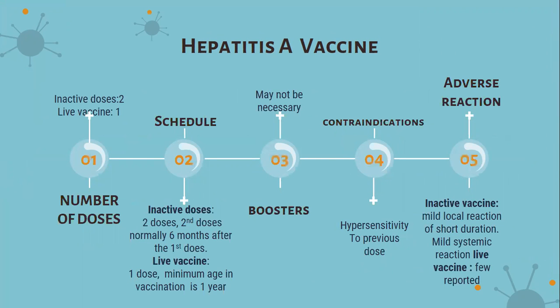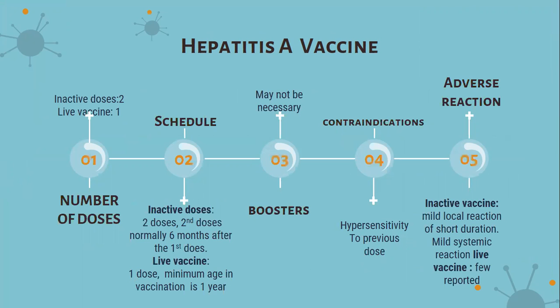Okay, so let's talk about the number of doses of this hepatitis A vaccine. The inactivated vaccine needs 2 doses, and the live vaccine is 1 dose only.